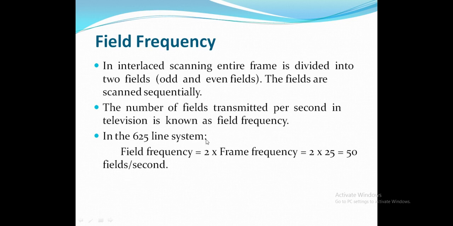In the 625 line system, the field frequency is equal to 2 into frame frequency. In India, the frame frequency for television is 25, and each frame consists of two fields. So 2 into 25 is 50 fields per second.